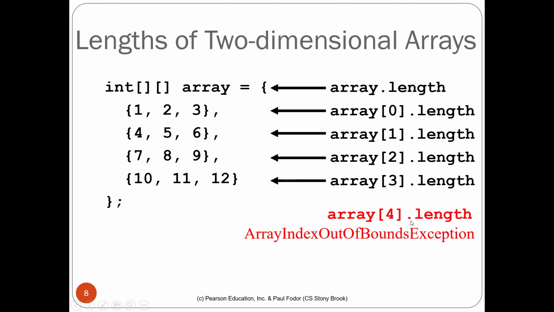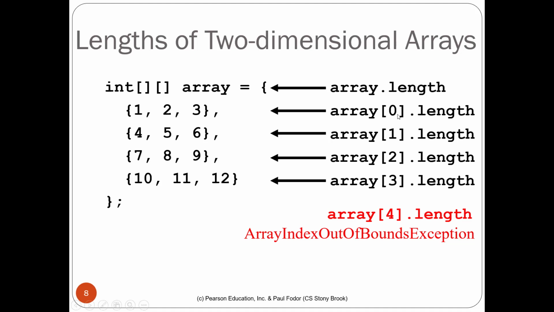Interesting thing is right here. When you attempt to do array[4].length, you should get an exception which says ArrayIndexOutOfBoundsException. This is something we really need to understand. Like, why did it happen? You were fine when you did not specify any index. Well, in that case, you found out the number of rows that you had, which is 4.